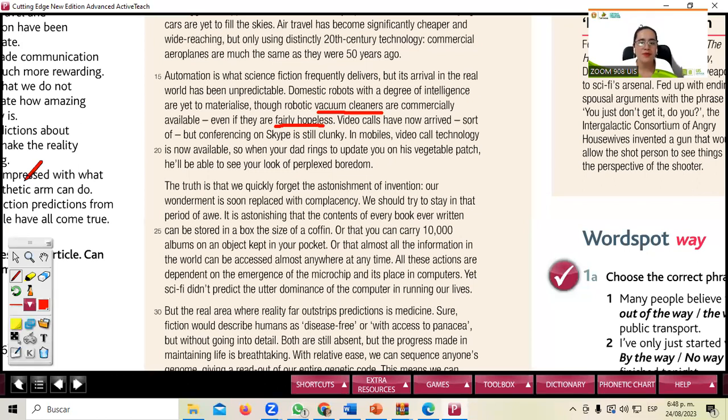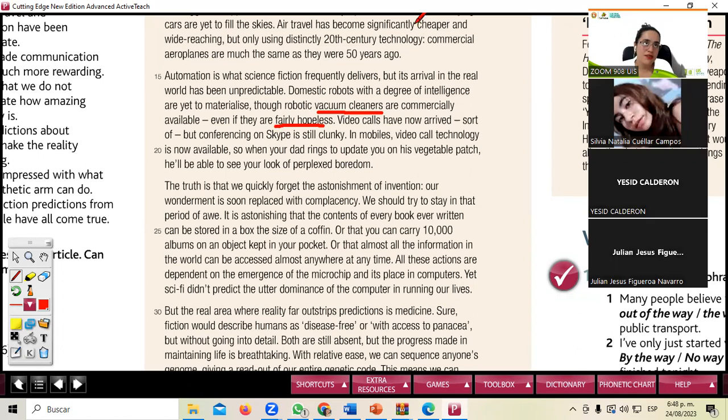That's the meaning. Any other words we should clarify? Clunky. Clunky, okay? In this case, it's like torpe, no muy bueno. So the conference on Skype, imagine this text was written about 10 years ago. We didn't have Zoom calls or anything, so he was still talking about Skype.